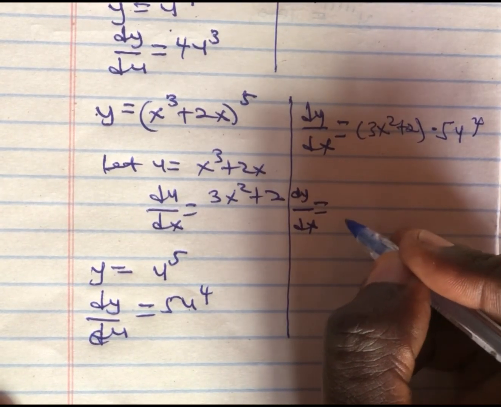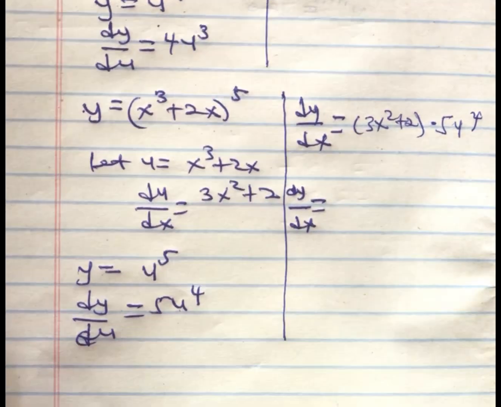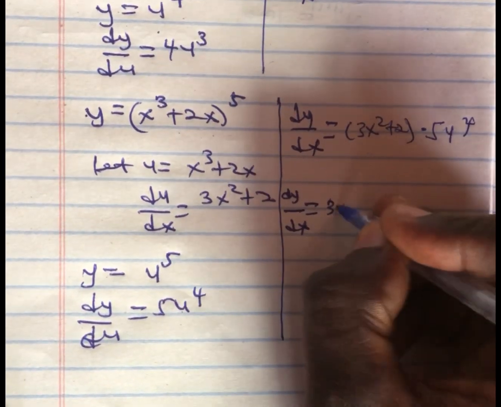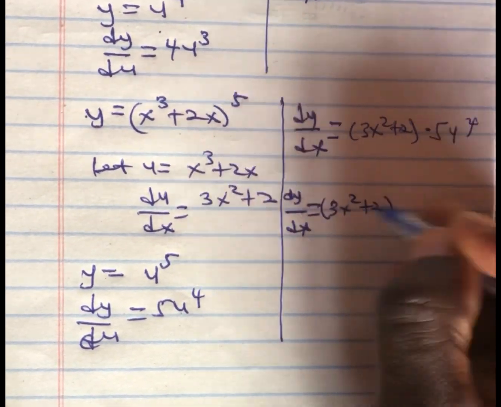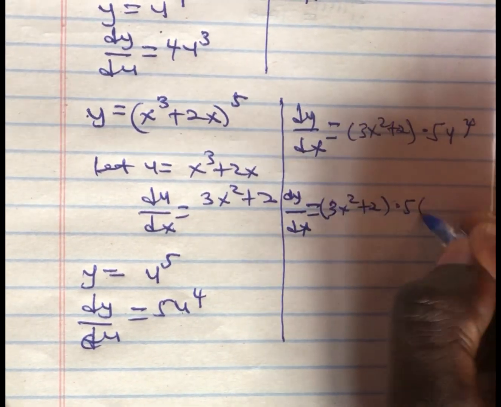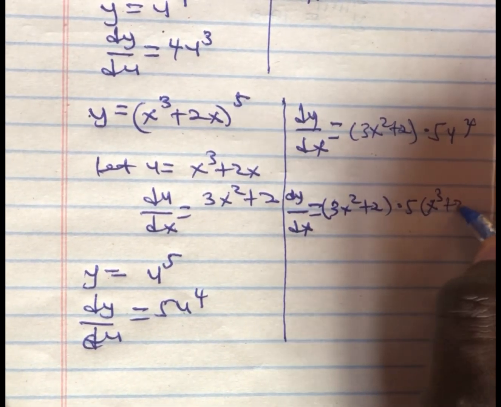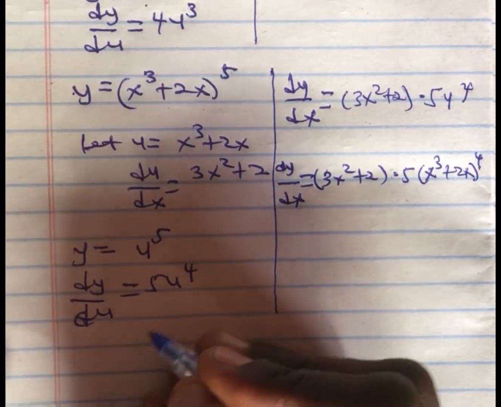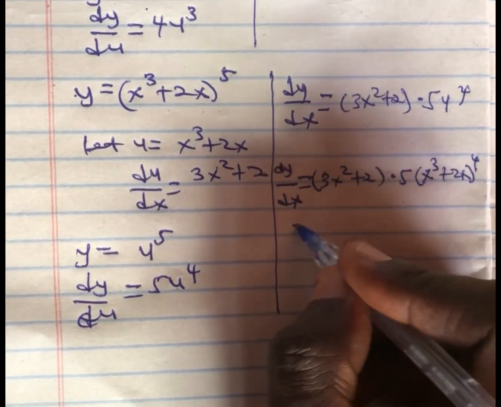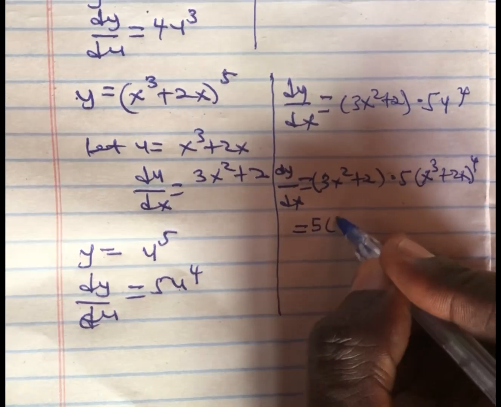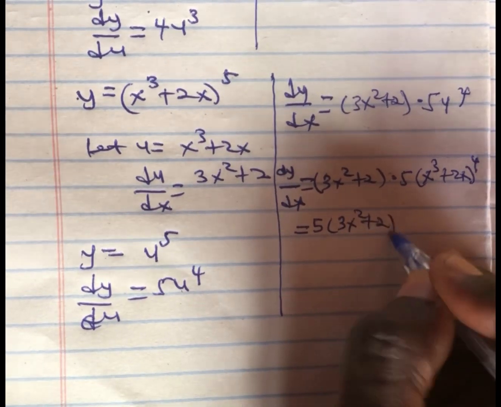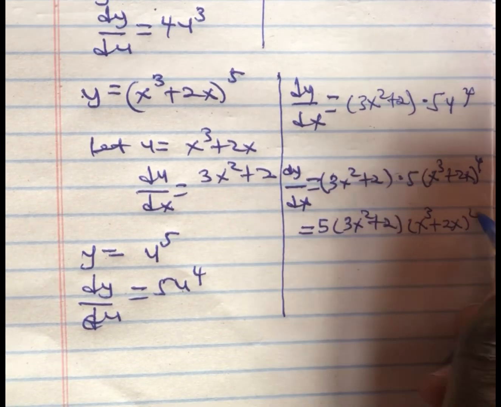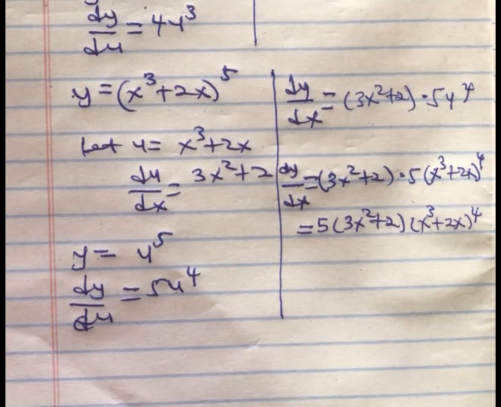So we are going to have 3x squared plus 2 multiplying 5, u is x cubed plus 2x, then there's an exponent of 4. So the final answer for dy/dx is going to be 5 times (3x squared plus 2) times (x cubed plus 2x) exponent 4. That will be the final answer for dy/dx.